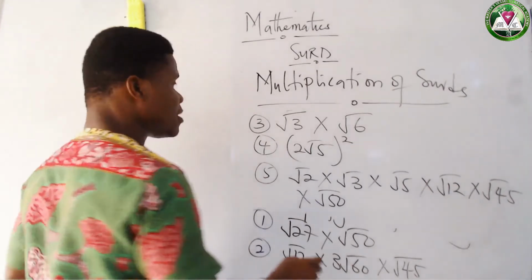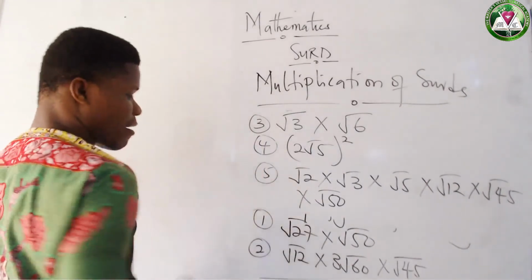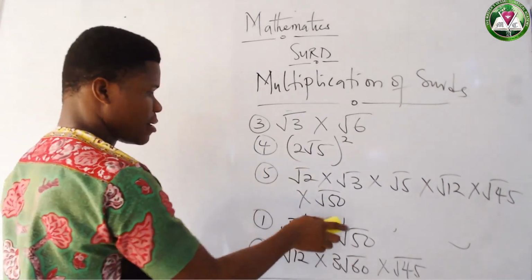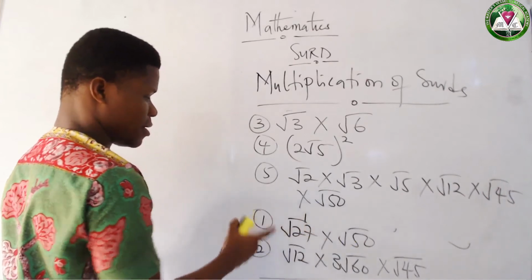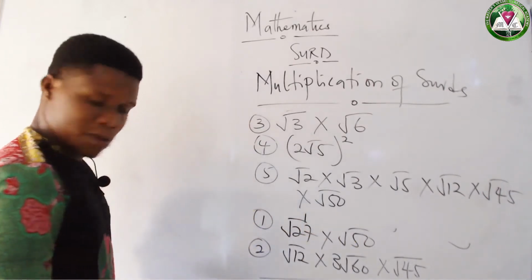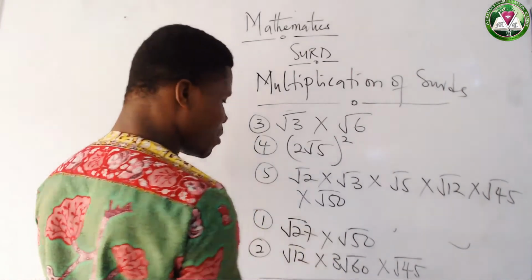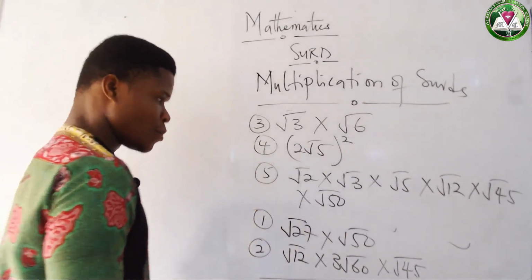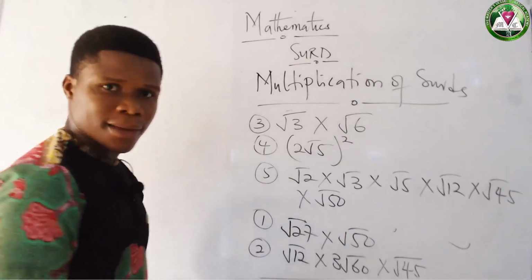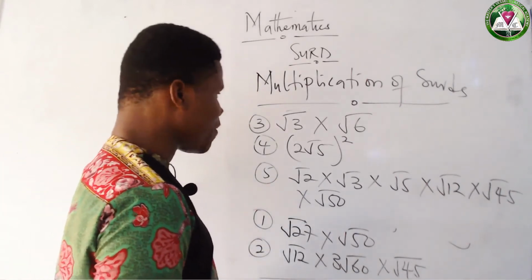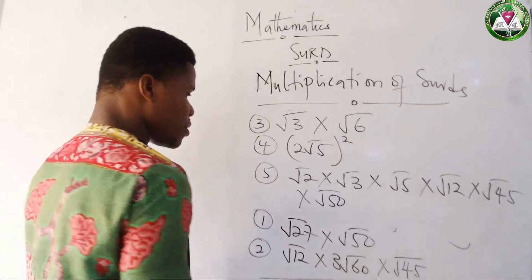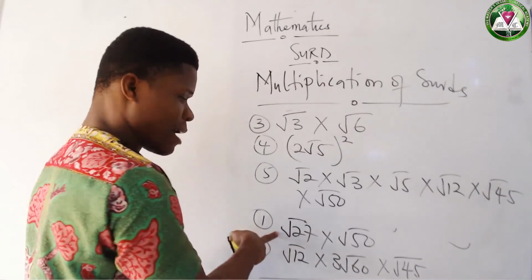Now, let's look at these examples. We have 5 examples here. So we're going to start. Please remember the first thing I said, to just put them into one root and multiply. Or you can also simplify and multiply. It depends on the way you prefer. Okay? So for this number 1, I will try with the 2 methods.